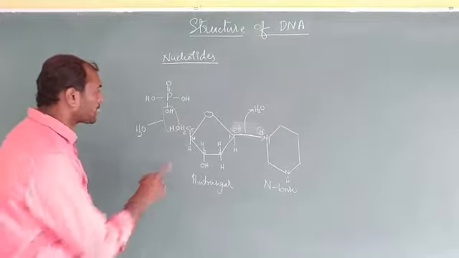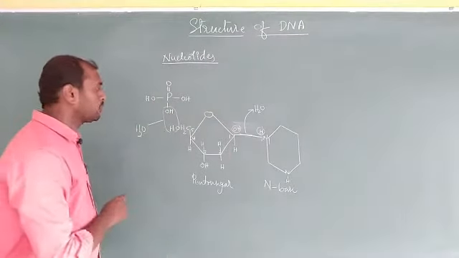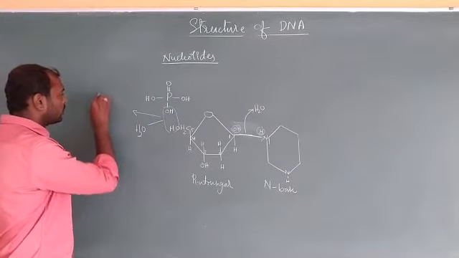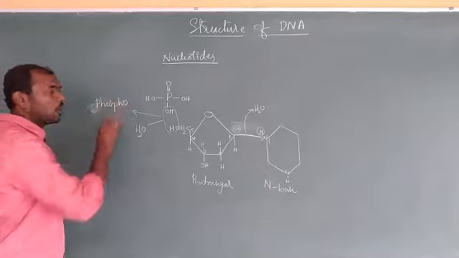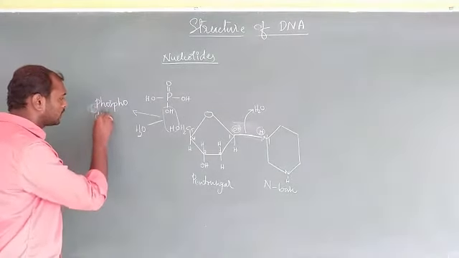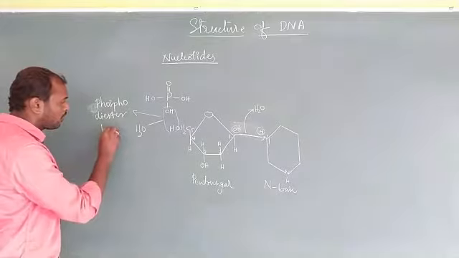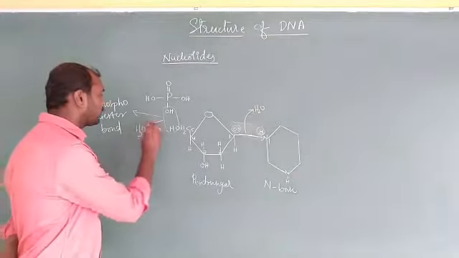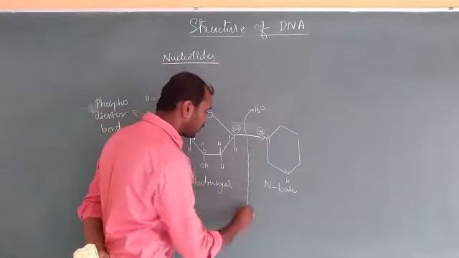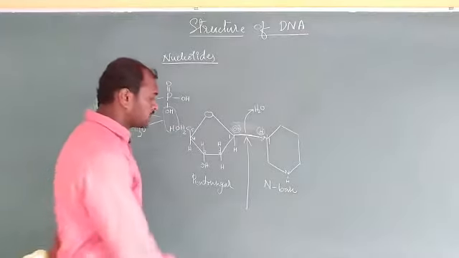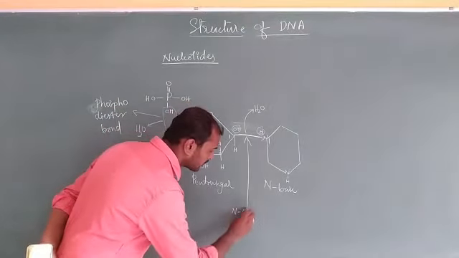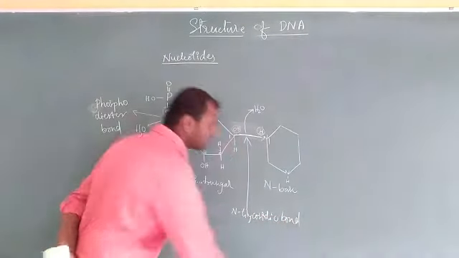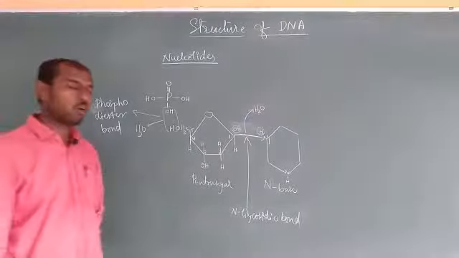So we get the interaction of the molecules and the formation of a bond. This bond is called the phosphodiester bond. Here also we get one bond, and this bond is called the N-glycosidic bond. It may be any kind of nitrogen base.